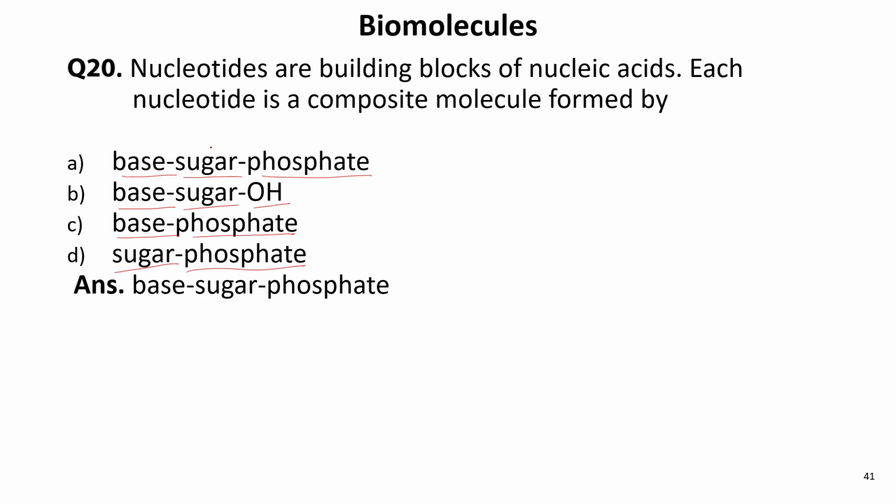So nucleotides are formed by base, sugar and phosphate group. Base and sugar unite to form nucleosides. But all three, base, sugar and phosphate, unite to form nucleotides. So the correct option is A, base, sugar and phosphate.